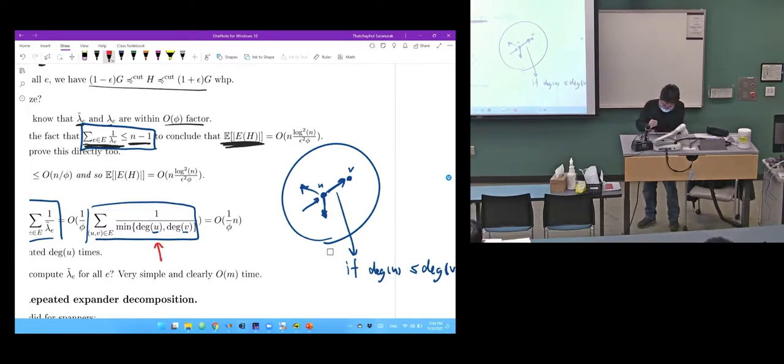Well, this sum, whenever the degree of u is less than the degree of v, you charge it to this node.